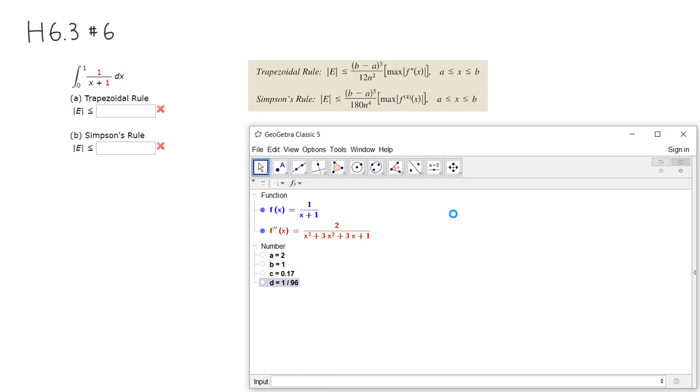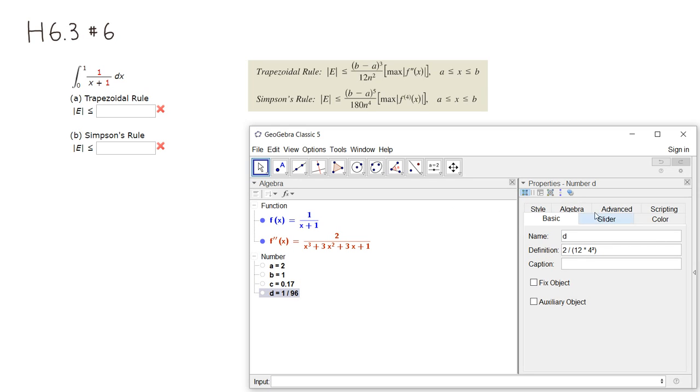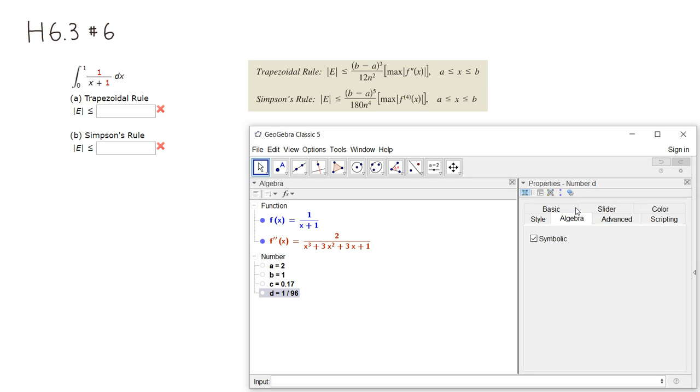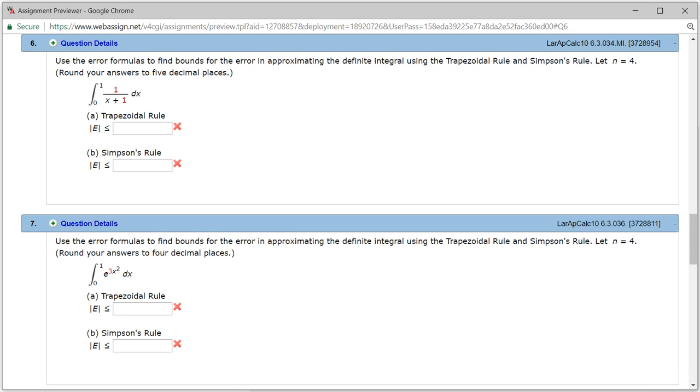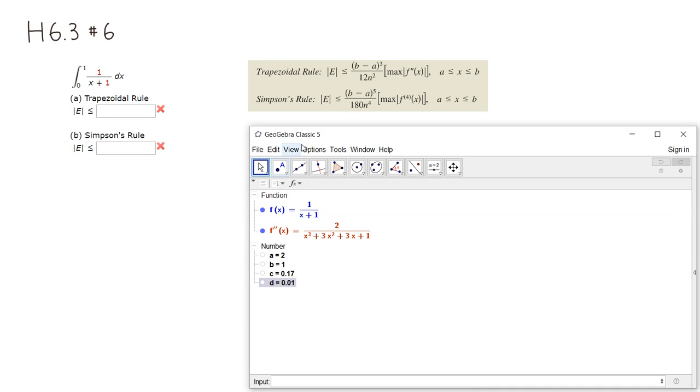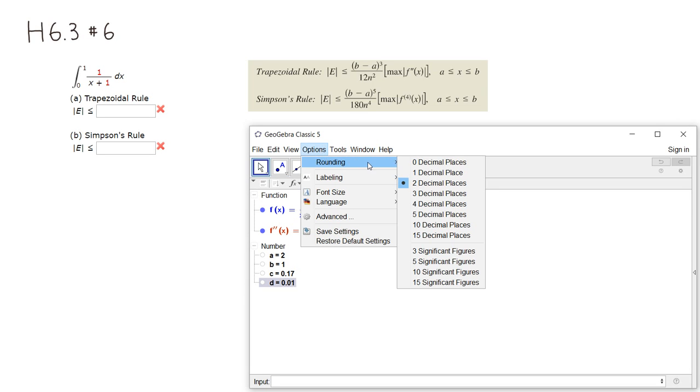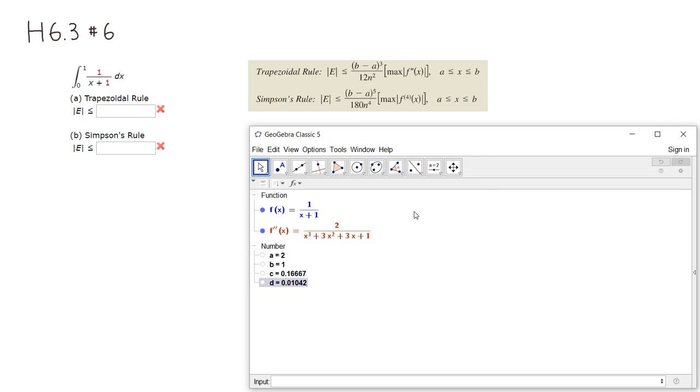I'm going to turn it into a decimal number. Let's see, algebra, symbolic. What's the precision we want? We want 5 decimal places, so we have to change it to 5 decimal places. It looks like it's going to be 0.01042.